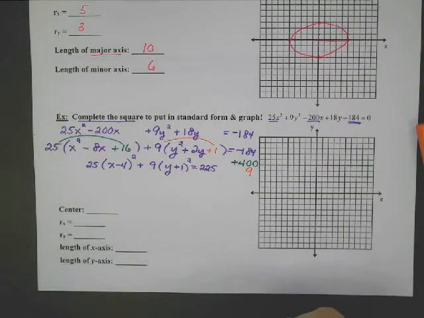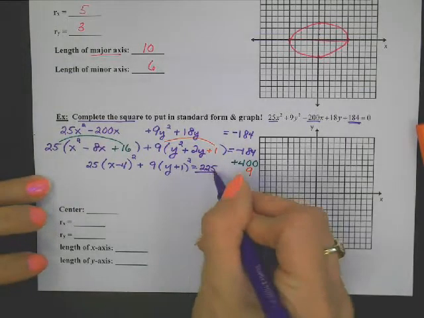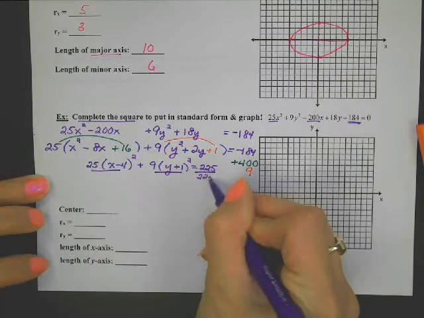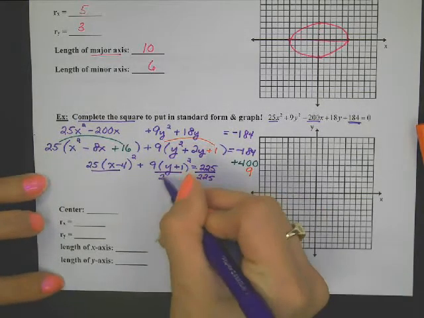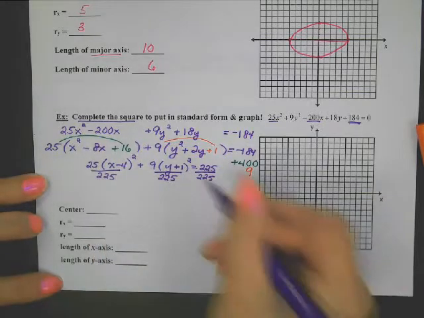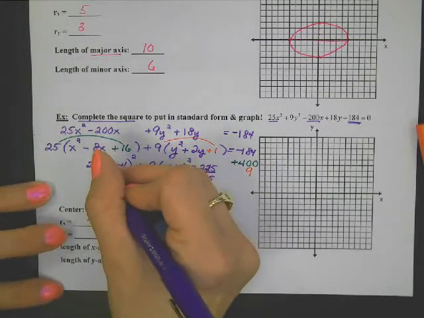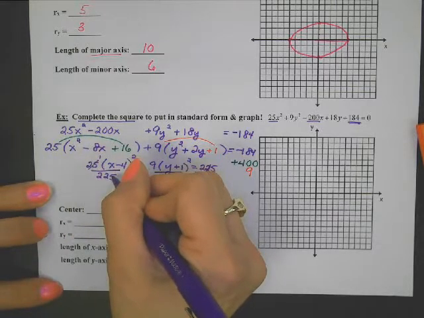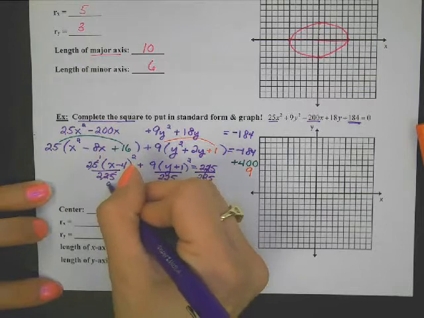Okay, let's divide each of them, all 3 terms, by 225, because remember you have to make a 1 here. Okay, so this cancels out. Does 25 divide into 225? Yes, it goes in 9 times.